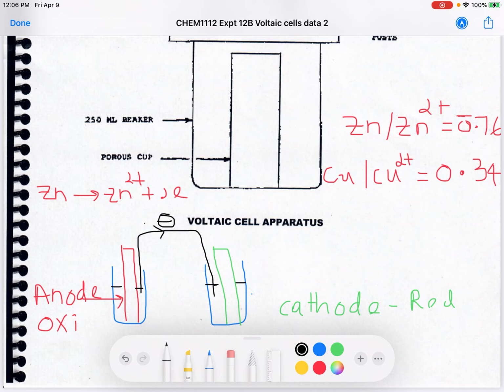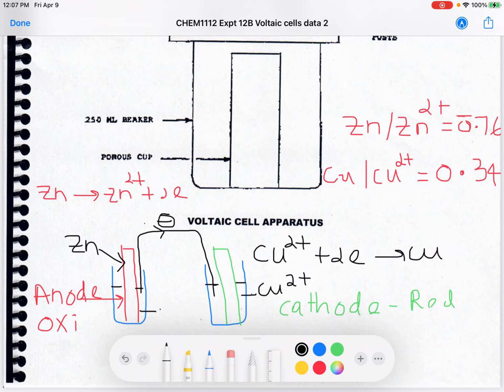The 2 electrons are generated at the anode, the electrons go to the cathode, and there copper 2 plus takes those 2 electrons and becomes copper. So there are copper 2 plus ions in the solution, and here is your zinc electrode with zinc 2 plus ions, and this is going to be your copper cathode. So the cathode is copper and the anode is your zinc.